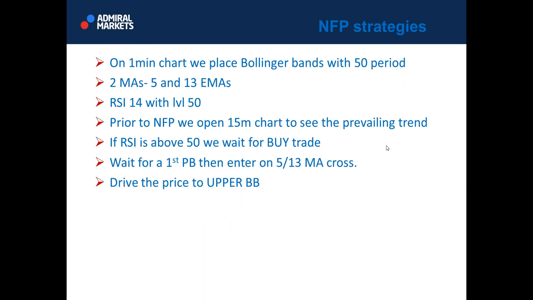Also, there is another strategy which you can use, but I'm not very fond of it, because the prior strategy is somehow a bit better for me. I don't know, I like it more, maybe. Well, on the 1 minute time frame we place Bollinger Bands with a 50 period.